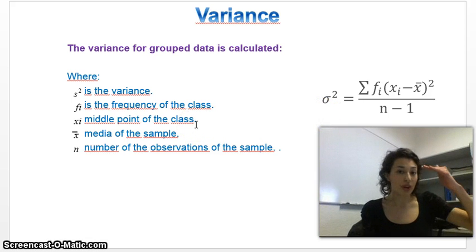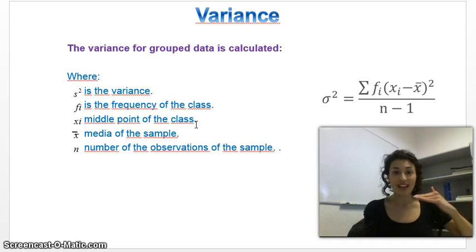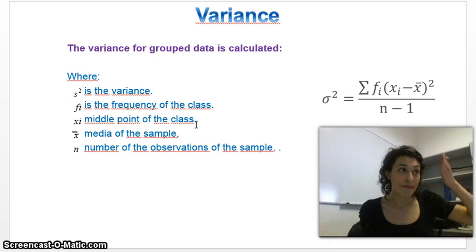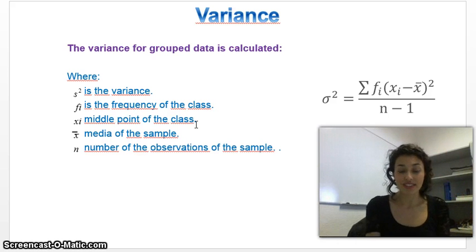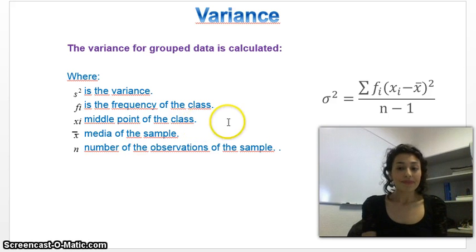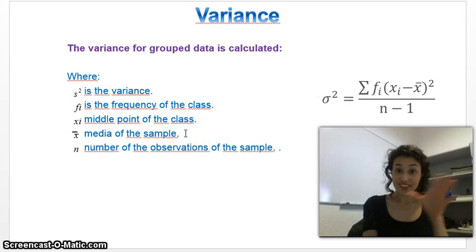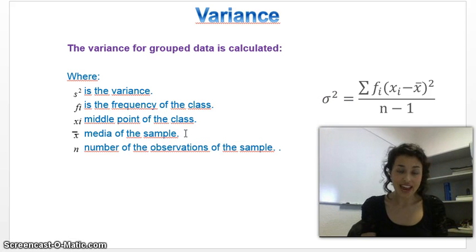If we have our classes, we need to get the middle point of each class. That's the meaning of x sub i. And x bar is the mean of the entire sample, and of course n is the number of observations we have in our sample.